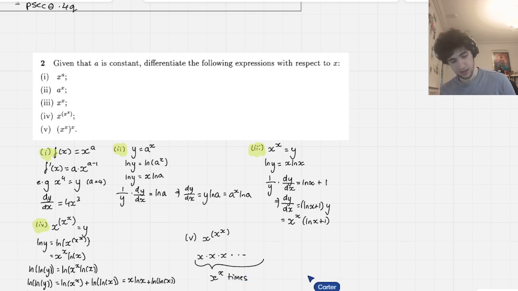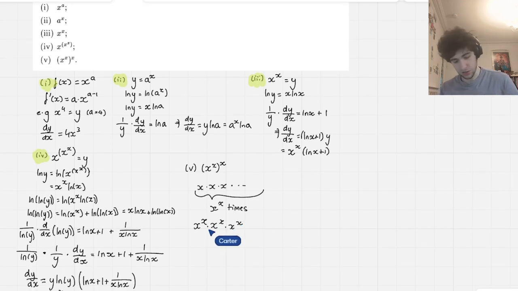But for V, this time we're trying to differentiate x to the x, to the x. So x to the x first to the x. So that's x to the x times x to the x times x to the x, just doing that x times.